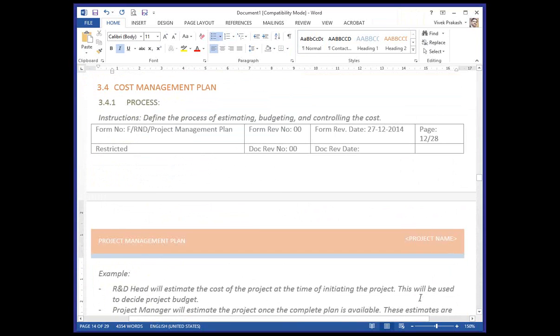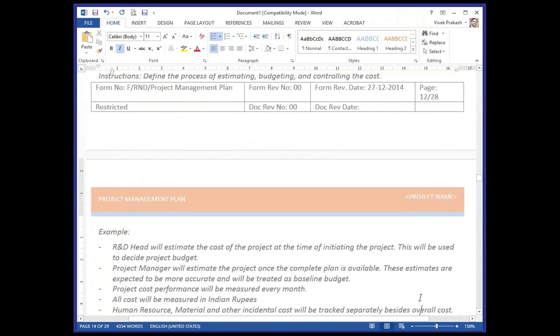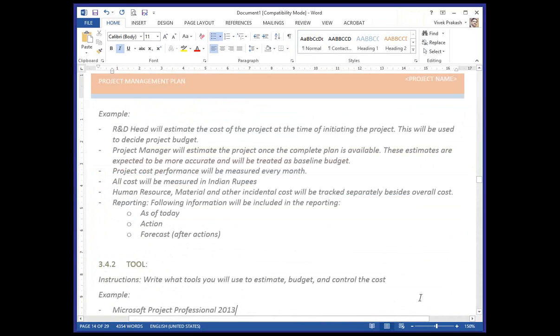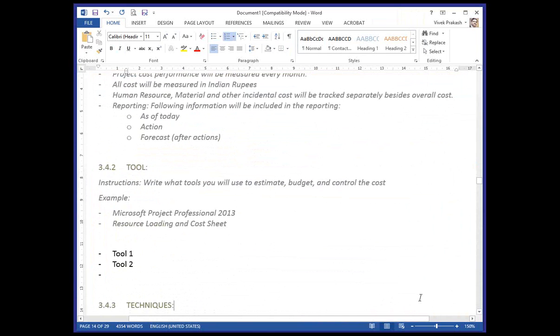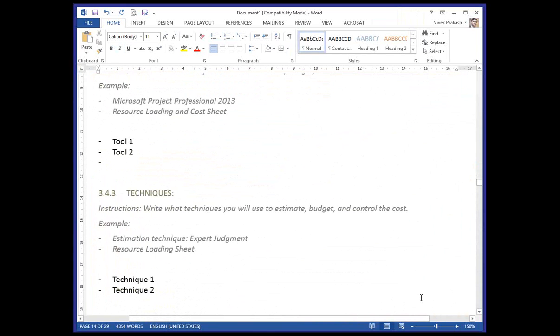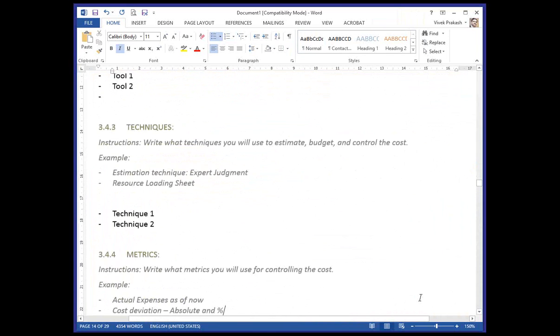Similarly, cost management plan. So this is how all the project plan, project management plan should be created.